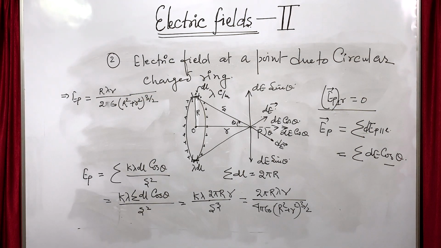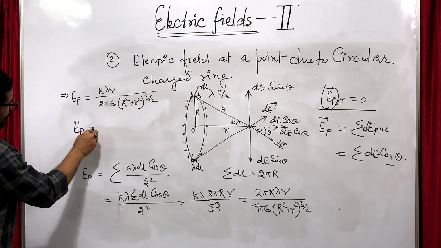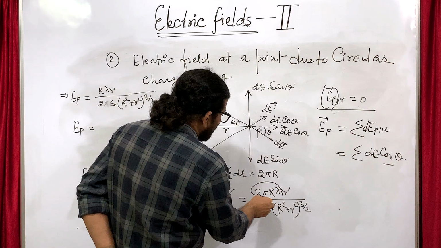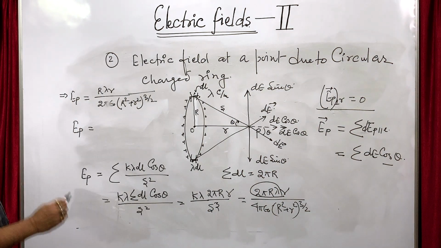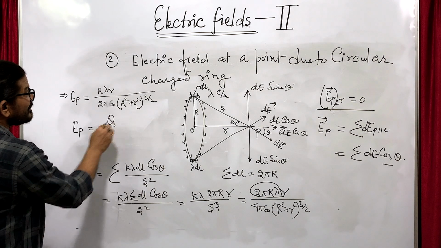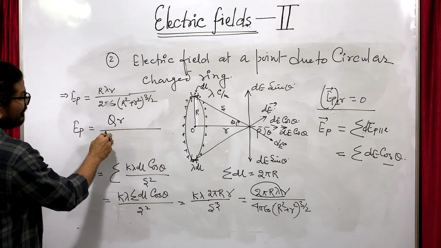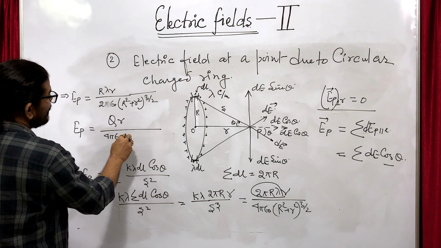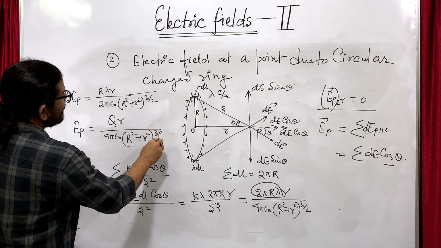Now this EP can also be written with 2 pi R into lambda as the charge on the ring, and then it is QR divided by 4 pi epsilon naught into R square plus r square to the power 3 by 2.